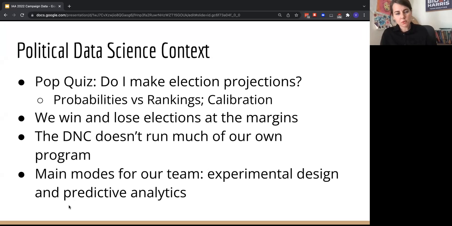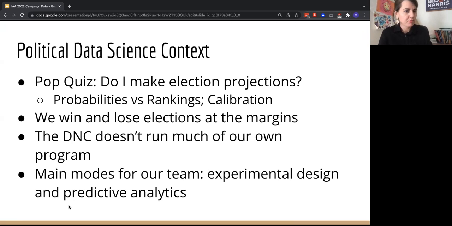The other part of this that's really important is that everyone wins and loses elections at the margins, and we are looking for those margins. The one place that we do use projections is to try and get an idea of where our race is close, because that's where we want to apply the most analytics, because that's where it's actually going to make an impact.